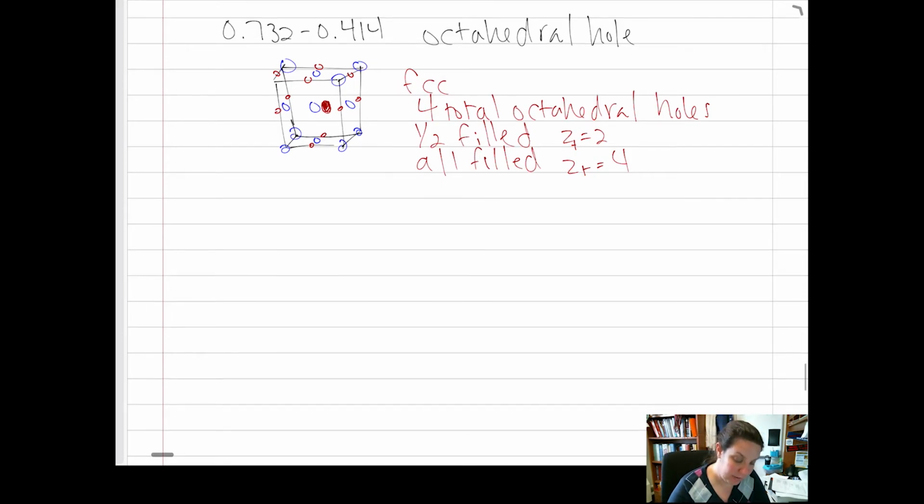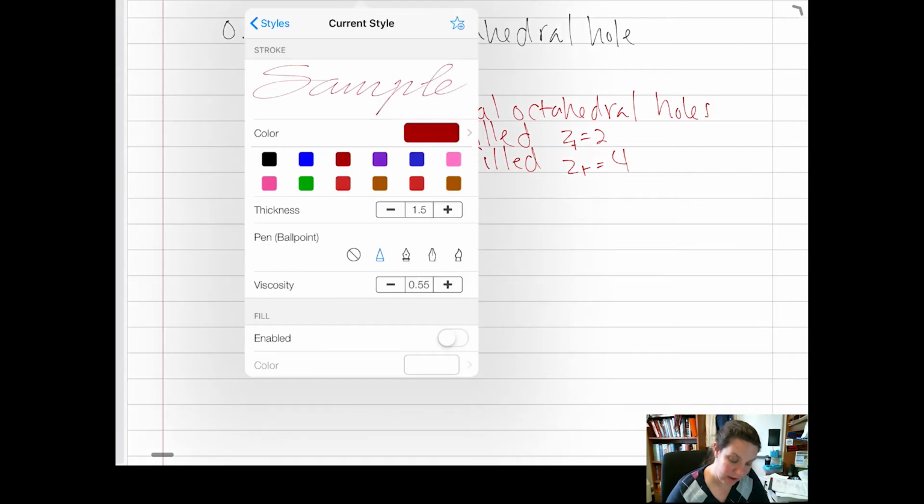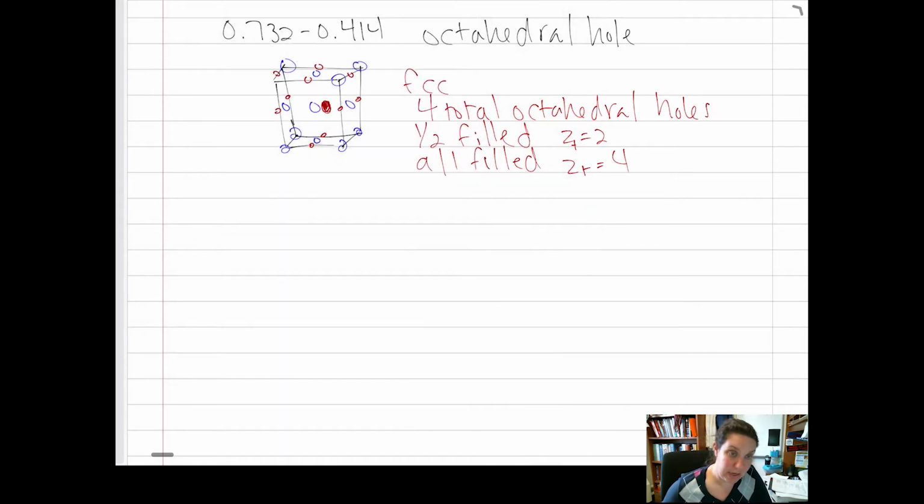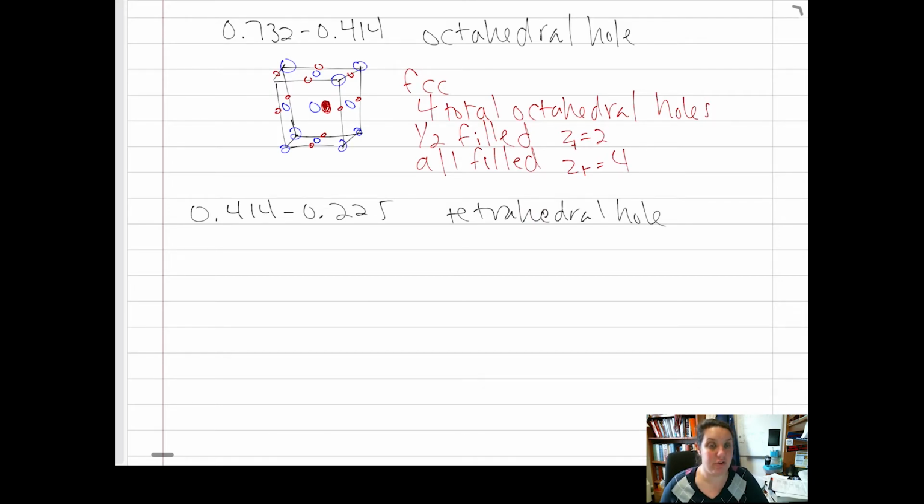Our last radius ratio we're going to look at is going to be between 0.414 and 0.225. In this case, we've got a tetrahedral hole, which is the smallest type of hole. With a tetrahedral hole, again, we've got our face-centered cubic.